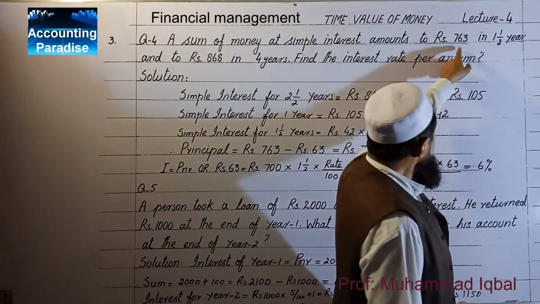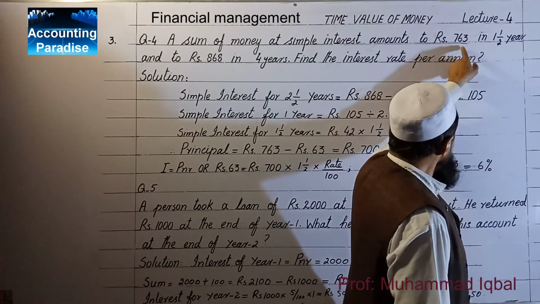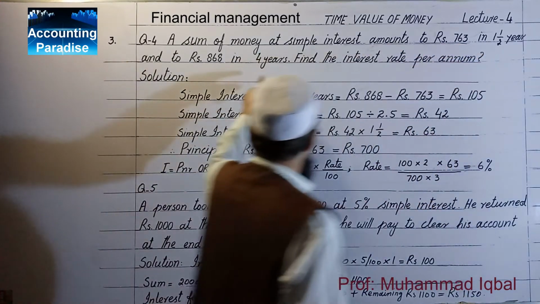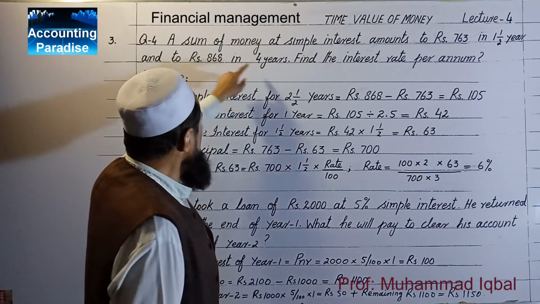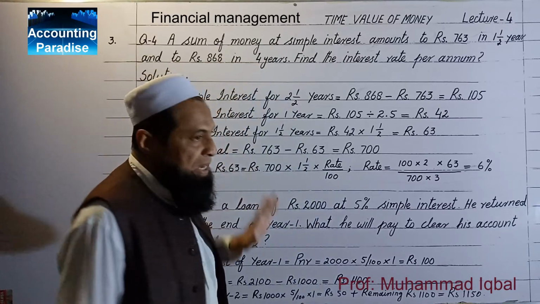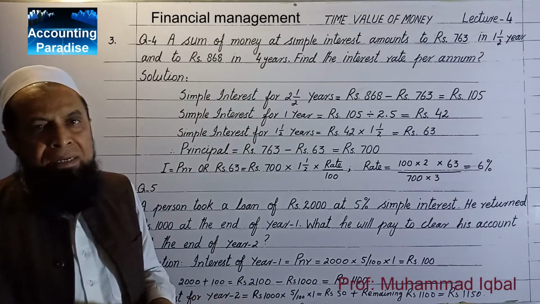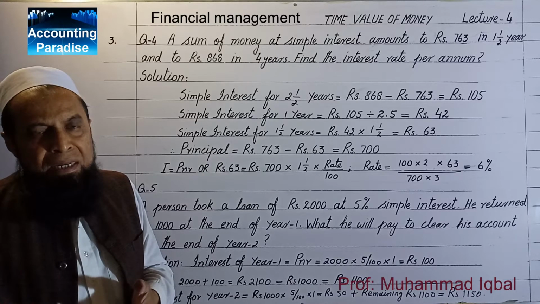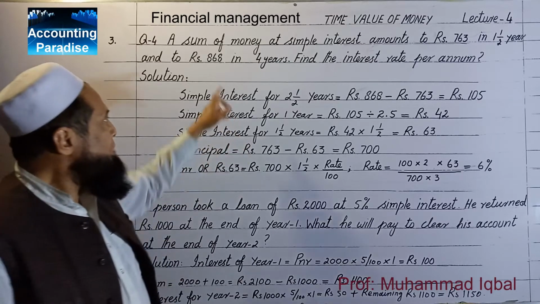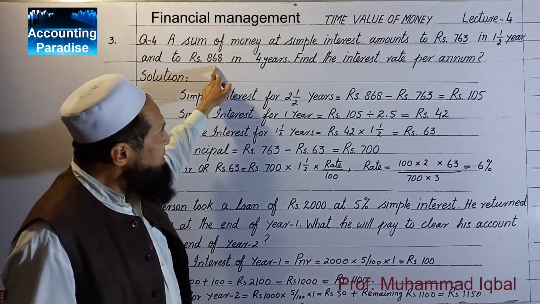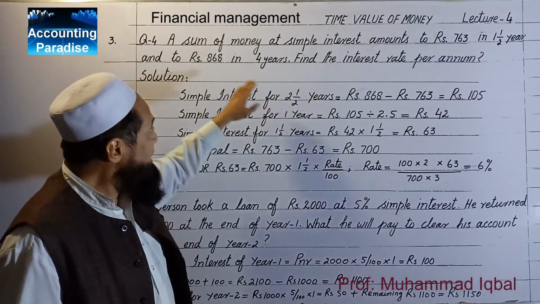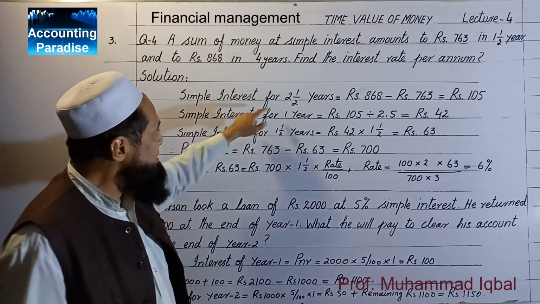This amount becomes in 1.5 years and this amount becomes in 4 years. Because in case of simple interest, interest per year is equal year after year. So when we deduct this amount from that, we will get the interest of 2.5 years.